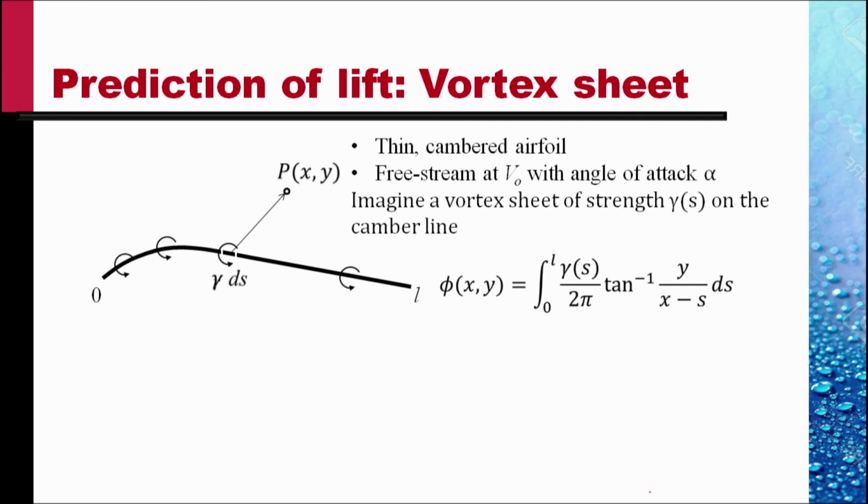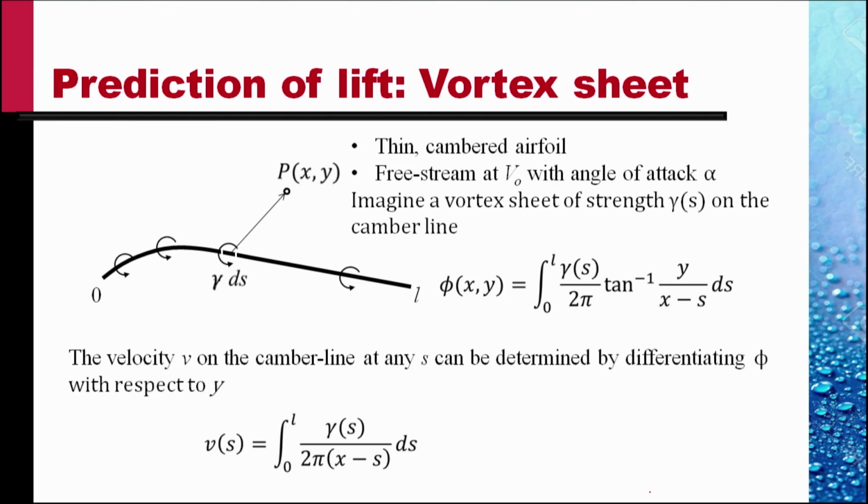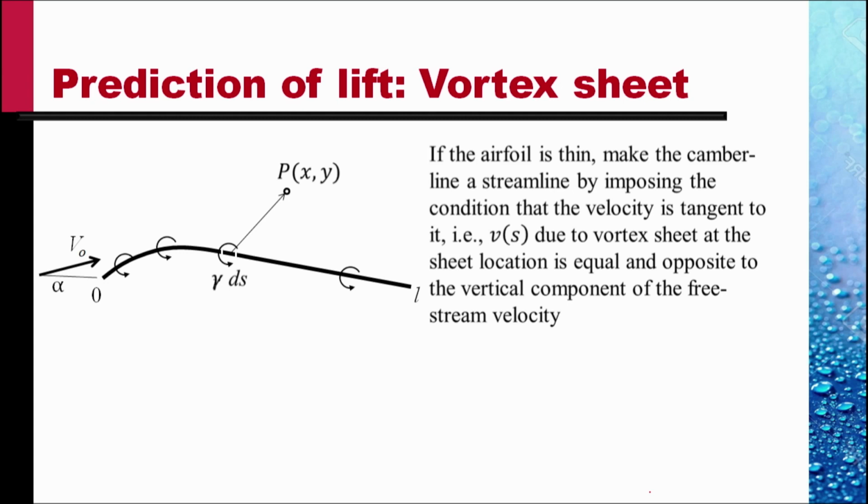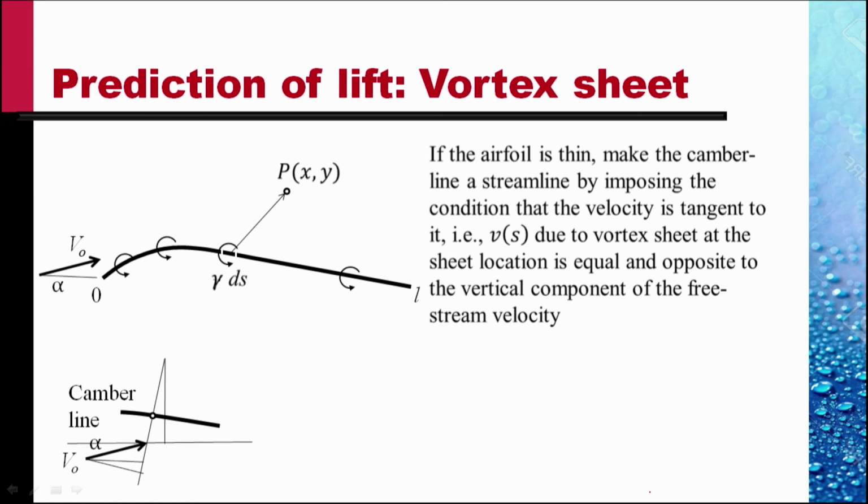And this gives us the velocity on the camber line. If the airfoil is thin, make the camber line a streamline by imposing the condition that the velocity is tangent to it, that is, Vs due to the vortex sheet at the sheet location is equal and opposite to the vertical component of the free stream velocity.